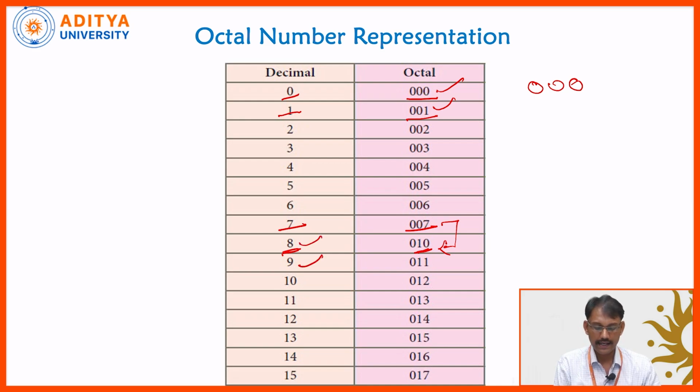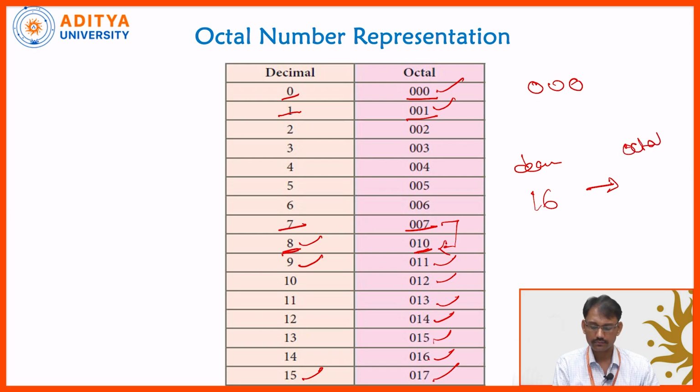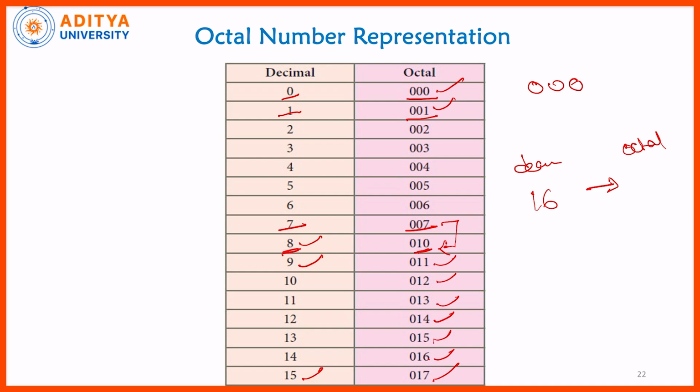Likewise 9 follows the sequence 11, 12, 13, 14, 15, 16, 17, up to 15 in decimal. Now 16 in decimal, how is it represented in octal? After 17 there is no 18 in octal, so we simply represent it as 20. This is the representation of the octal number system corresponding to the decimal number system.